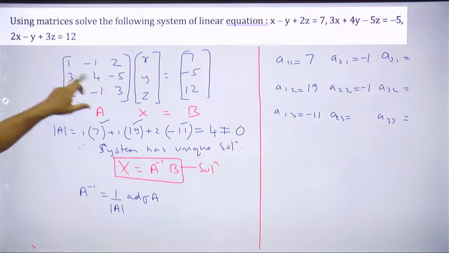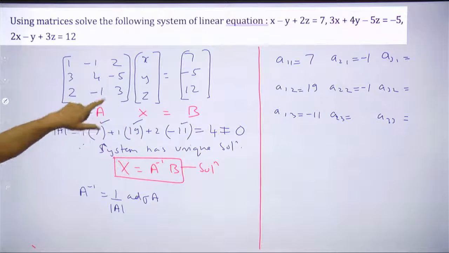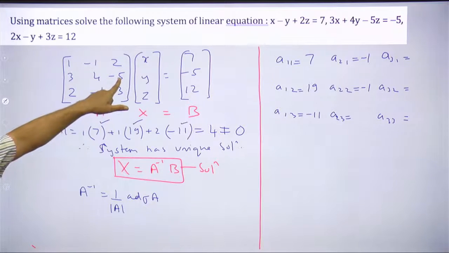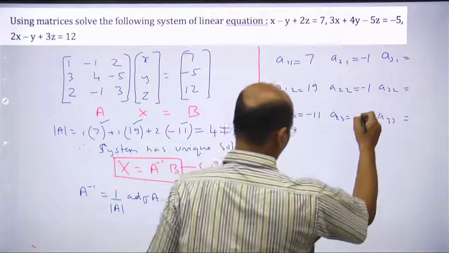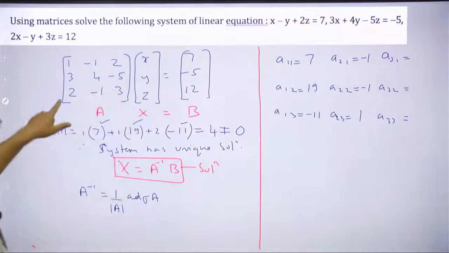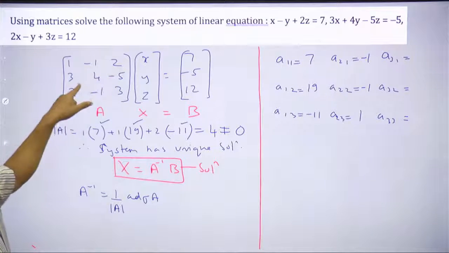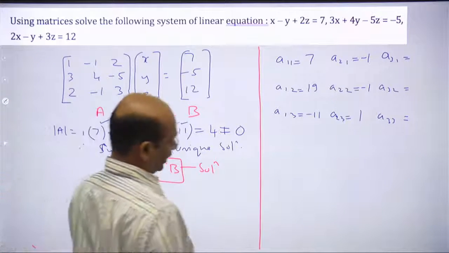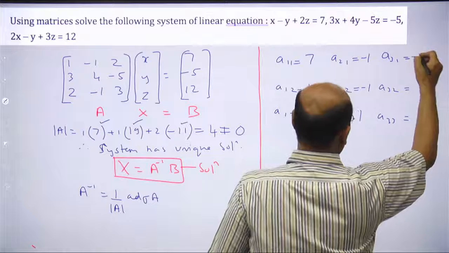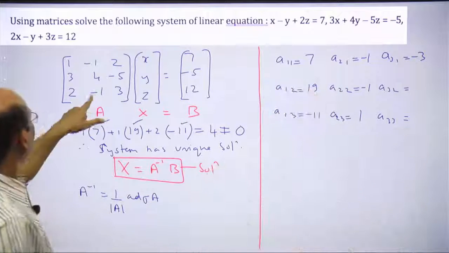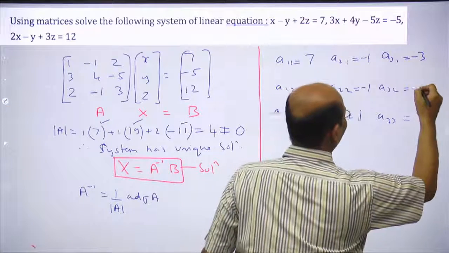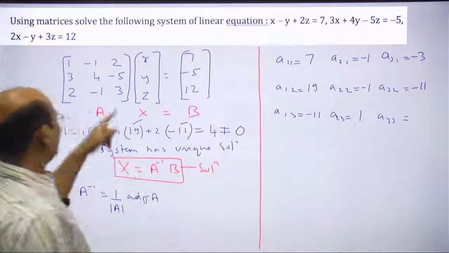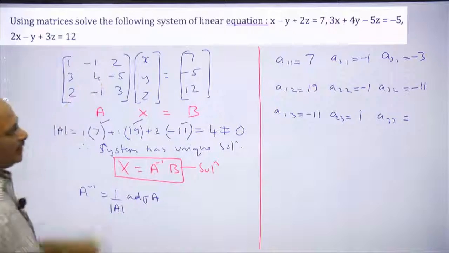Then 2, 2 is here, 3 minus 4 is minus 1. 2, 3 is minus 5, its minor will be minus 1 plus 2, that is 1. 3, 1 is here, 5 minus 8 is minus 3. Then 3, 2, minus 5, minus 6, minus 11. Great. 3, 3 is here, 4 plus 3, that is 7.